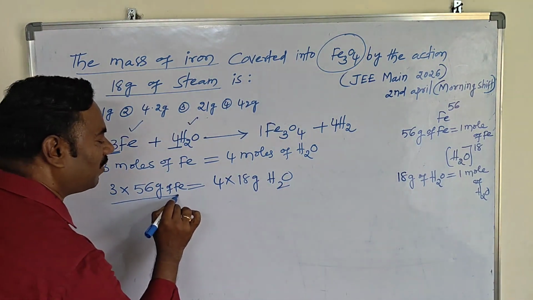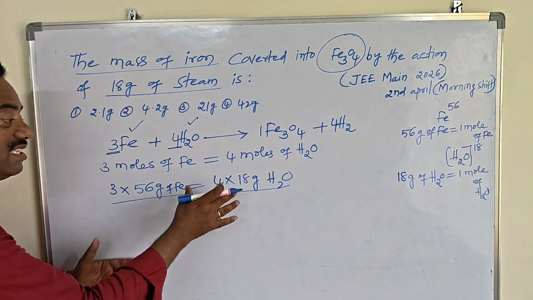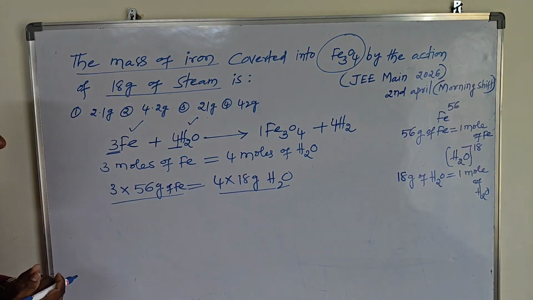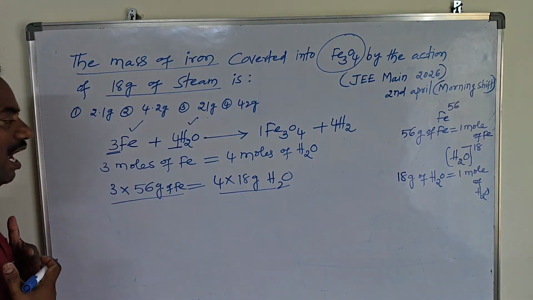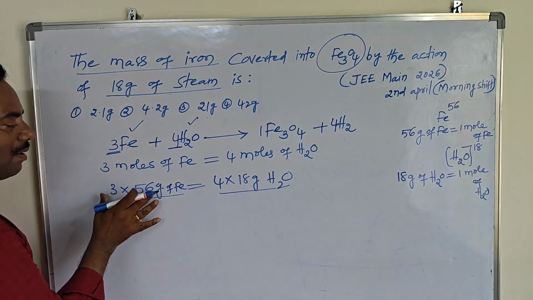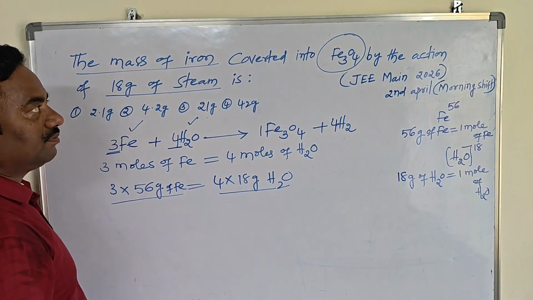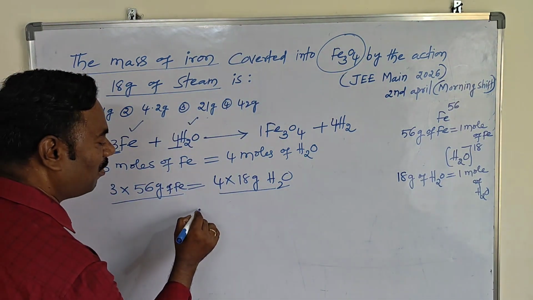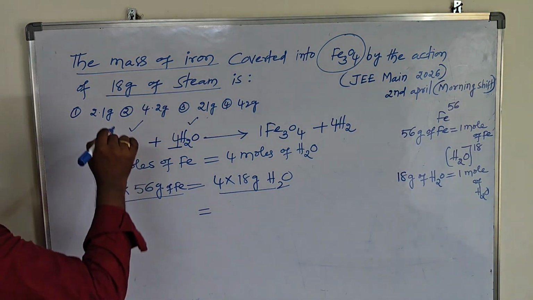From the balanced chemical equation, I know that these many grams of iron react with these many grams of water. Now our problem data is different.